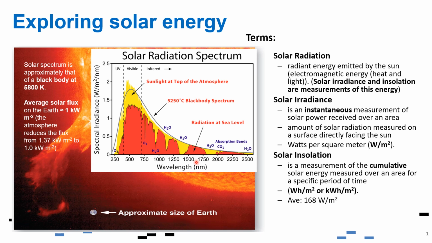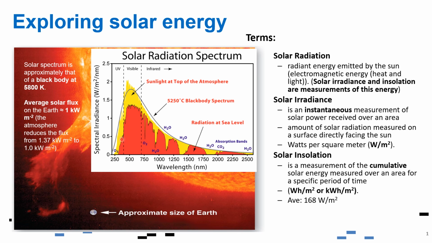The radiation can be divided into three sections of wavelength. We have the UV light here, which is the shortest wavelength. This is ultraviolet light, and we have the visible light, which is the section that we can actually see, and the infrared light is the longest form of wavelength.